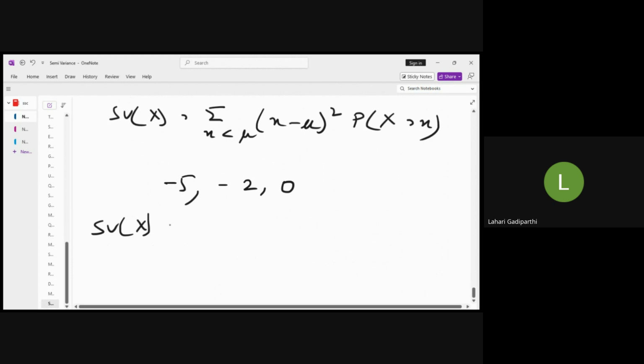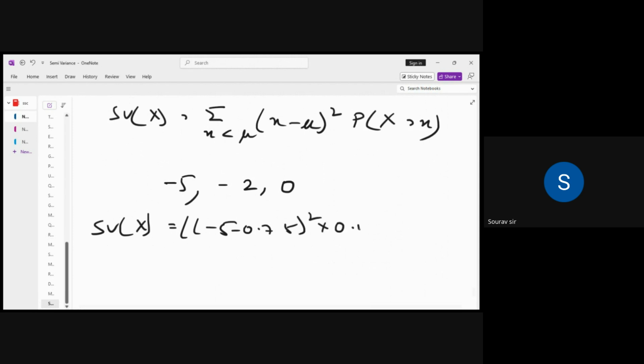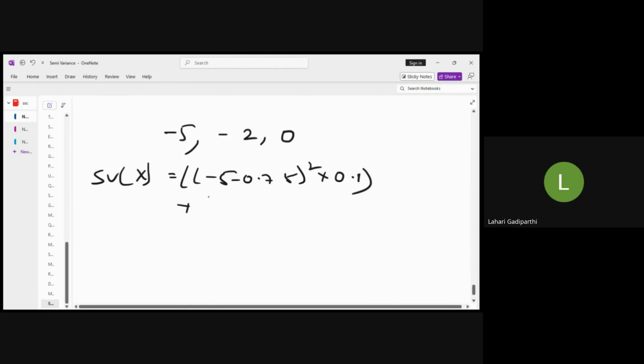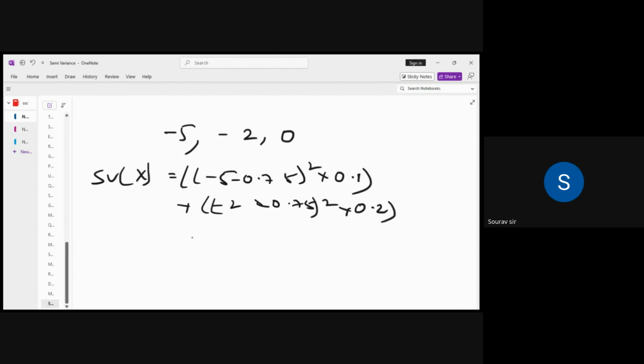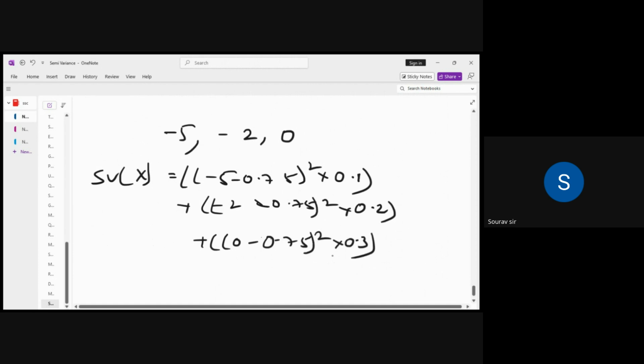So SV of X will be minus 5 minus 0.75 squared multiplied by 0.1 plus minus 2 minus 0.75 squared multiplied by 0.2 plus 0 minus 0.75 squared multiplied by 0.3.